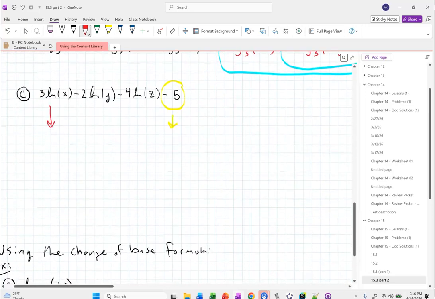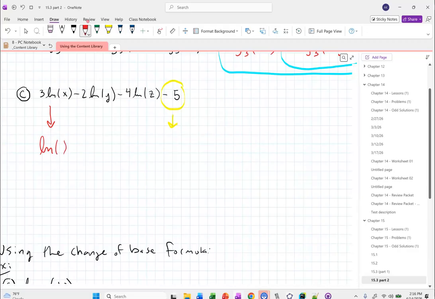Notice our logarithm is ln, which is the same thing as log base e. So 5 is going to be the natural log of e to the 5th. Is everybody okay with that?